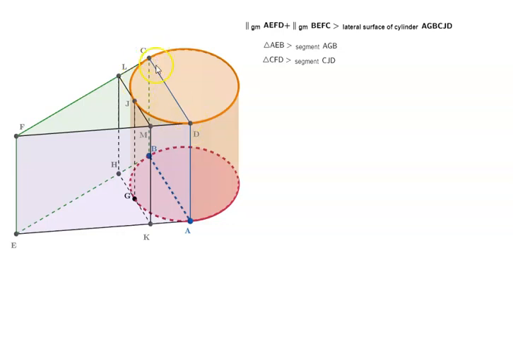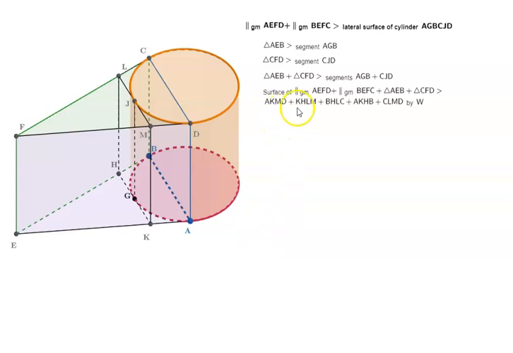Again, they have the same extremity CD and one is included in the other. Now, adding both of these up, we can say triangle AEB plus triangle CFD is greater than segments AGB plus CJD.